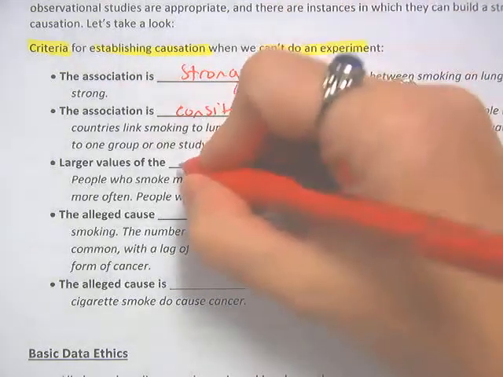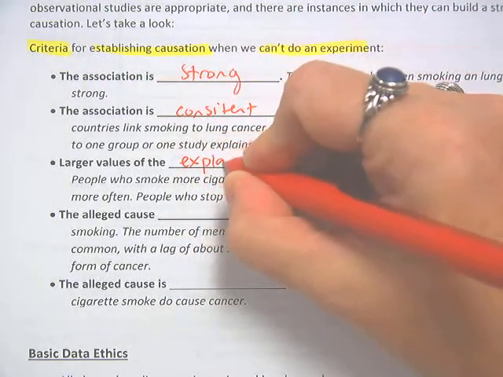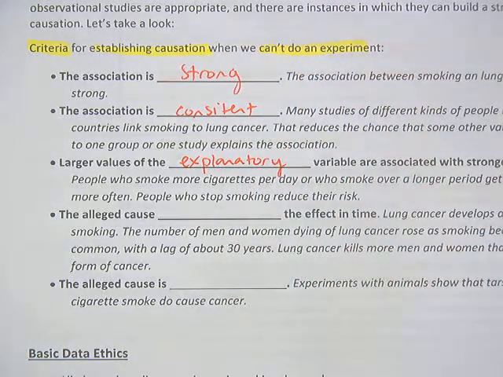Larger values of the explanatory variable are associated with stronger responses. For example, people who smoke more cigarettes per day or who smoke over a longer period of time get lung cancer more often, and people who stop reduce their risk.